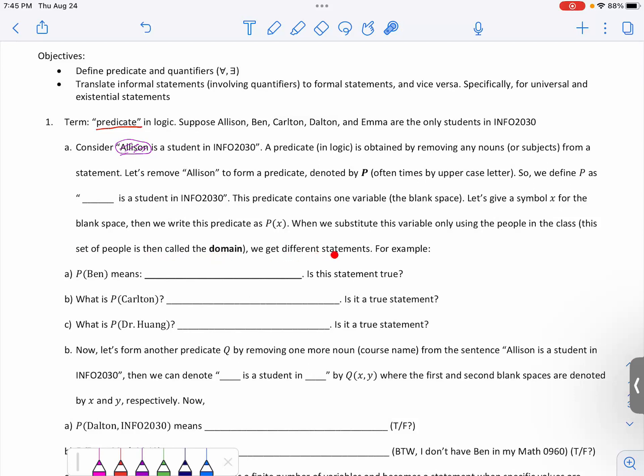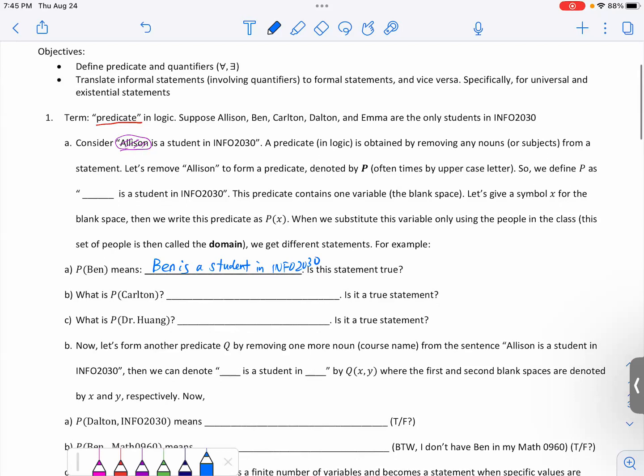Then we get different statements. Let's look at the first example. For instance, P of Ben, what does that mean? That means the variable is Ben. Ben is supposed to be filled in this blank. So that means Ben is a student in info 2030.